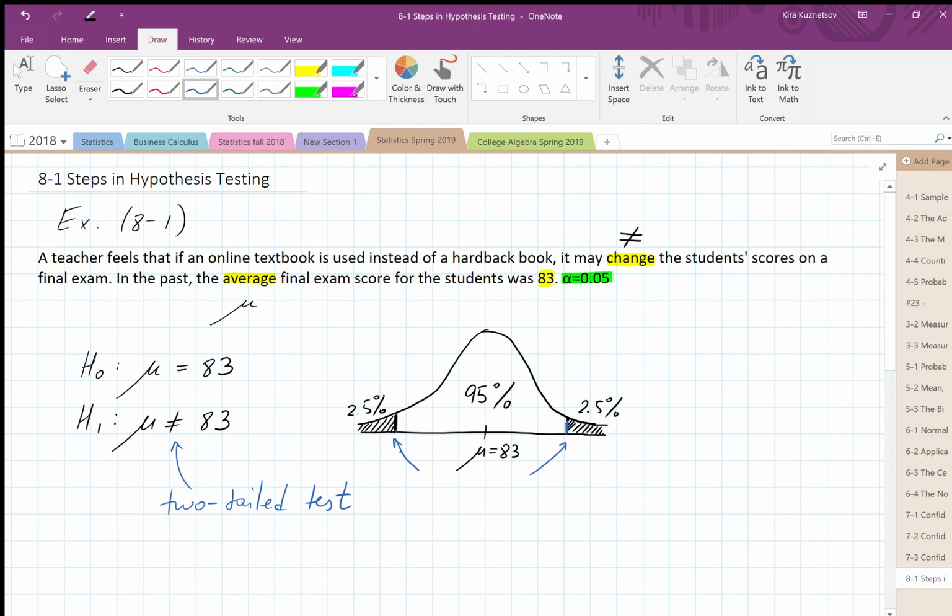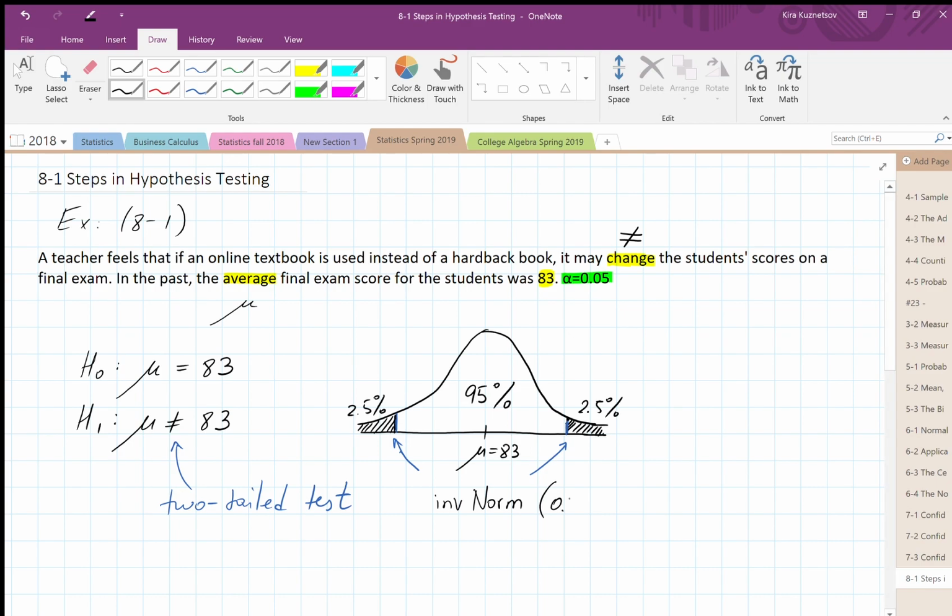In order to find the critical value, these are your z-scores if we're looking at the standard normal curve. What you can do is go into inverse norm, and what you're basically trying to find is how to cut off the bottom 2.5% or the top 2.5%.